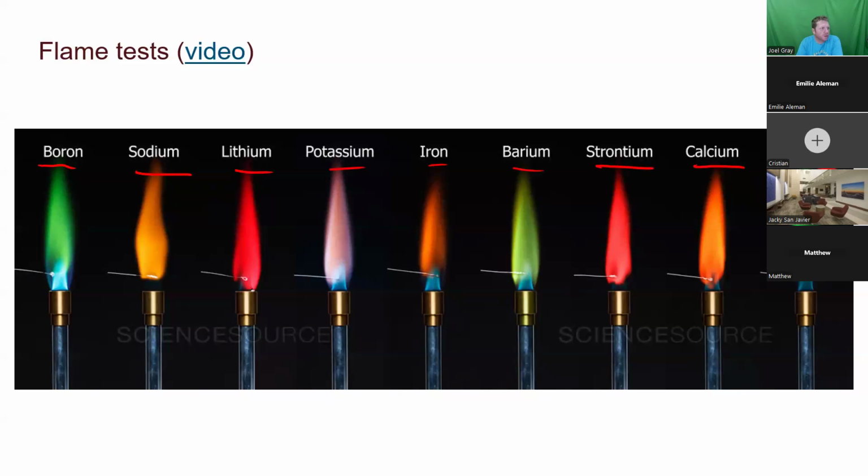The one that I always like to highlight is barium. If you look closely at barium, it's almost like you get a little bit of that exposure as if you were to look at it through a prism. If you look closely at this barium flame, thumbs up if it is one color, thumbs down if it's more than one color concealed there.